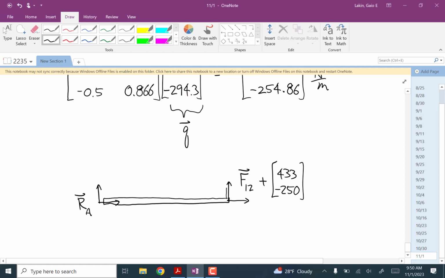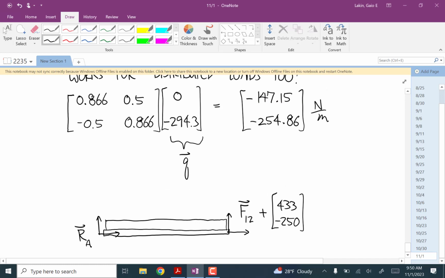And now we have two parts of the distributed load. We have a horizontal part that's 147.15 newtons per meter, and we have a vertical part downwards that's 254.86 newtons per meter. We know how to deal with the vertical part.